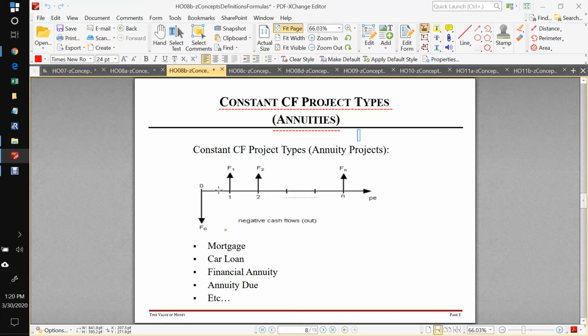In return for that, she's going to get a set of equal magnitude cash flows coming back, spaced at equal time intervals. These appear all over the place in mortgages, car loans, and financial annuities, with a little bit of modification.